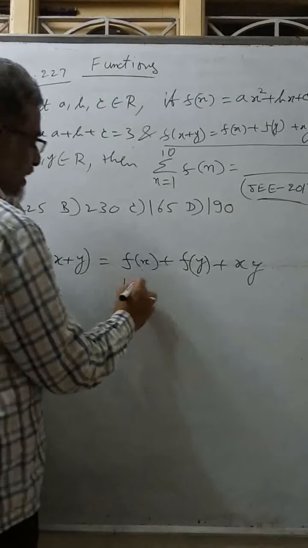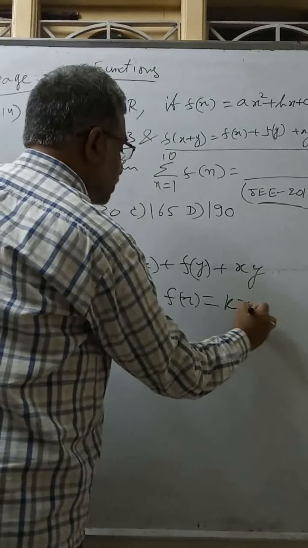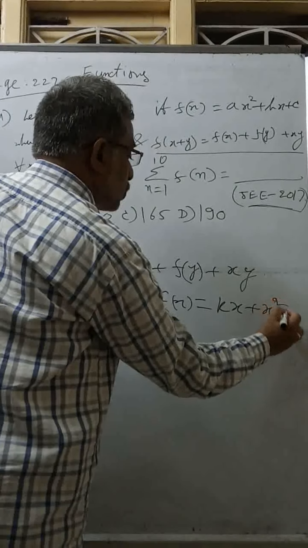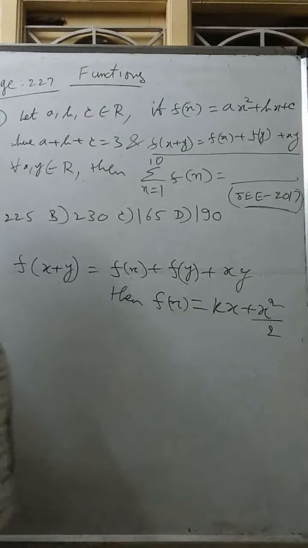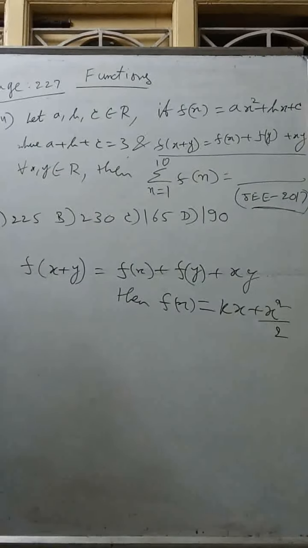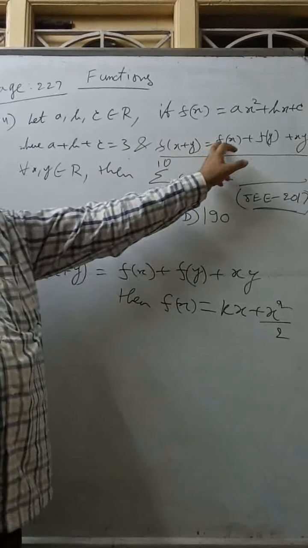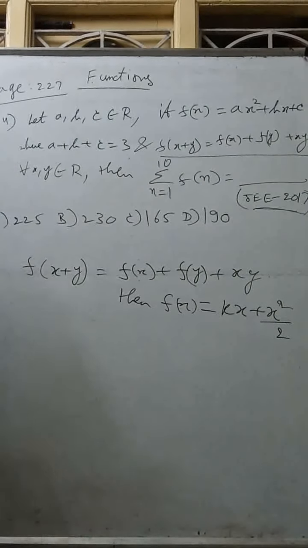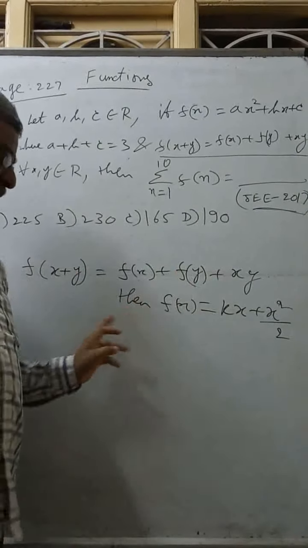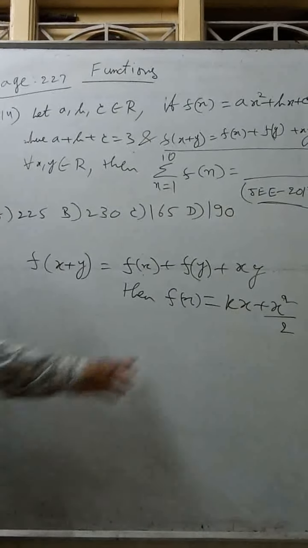Then what is the functional equation I told? F of x equal to kx plus x square by 2 is the functional equation of this equation. Just now we discussed it.